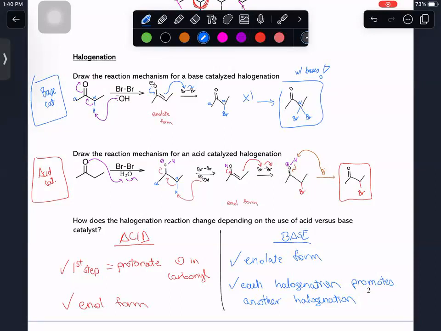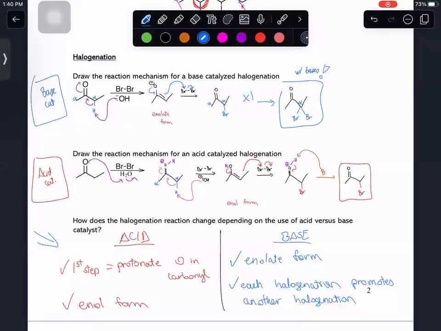Okay. Questions on halogenation? Pretty simple. We have a shortcut for it, so don't get overwhelmed with the mechanism. Again, the main portion is just the conceptual stuff that's over here in our little chart at the bottom.